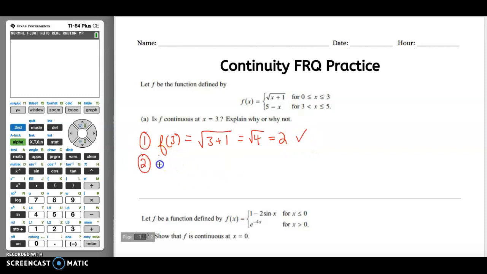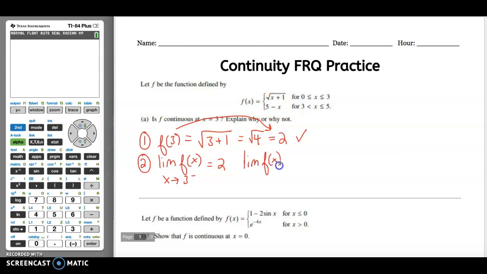Then I'm going to show my left and right hand limits. So if I do my left hand limit, it'd be the same thing. So I'd get 2. And you don't technically need to show these math steps in between. It would be perfectly acceptable if you wanted to jump immediately from f of 3 to equaling 2. They trust that you know how to plug 3 into this and get the correct answer.